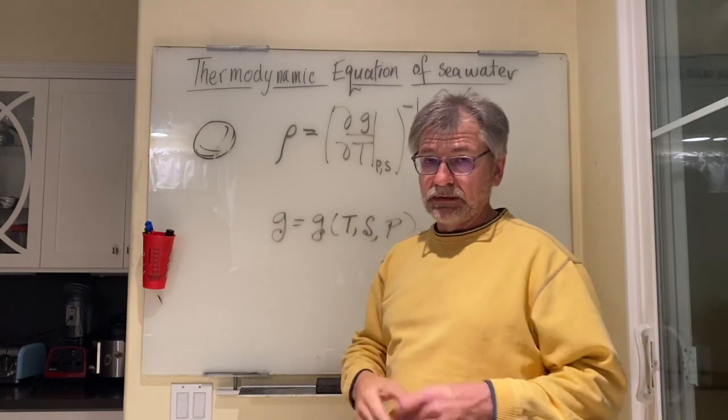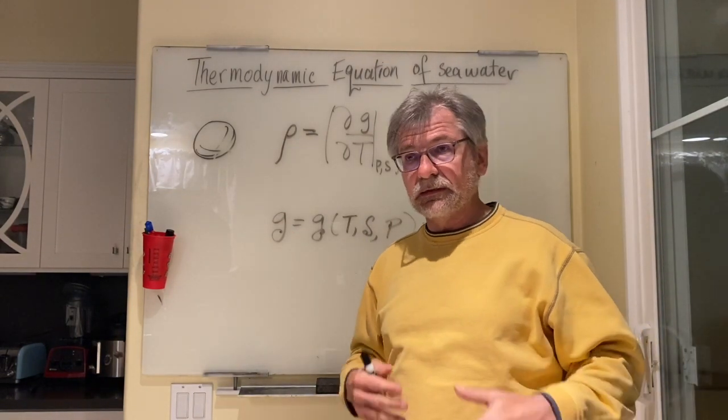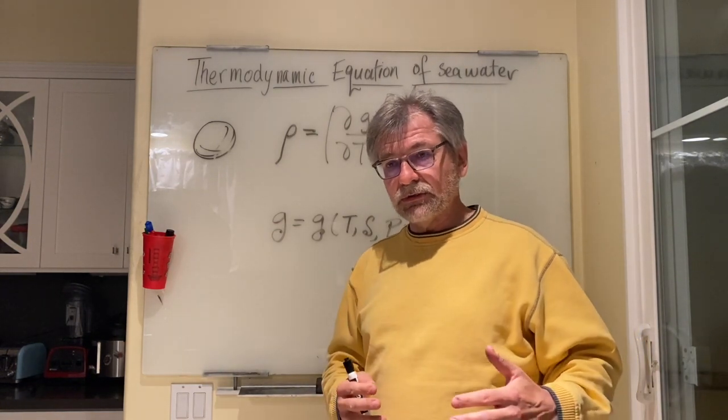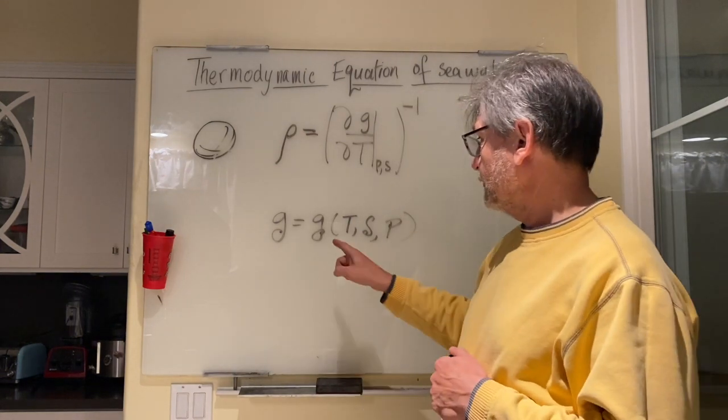Also, from the Gibbs function, we can define new quantities like specific heats, specific enthalpies, the speed of sound. All these various properties of seawater can be derived if we know G.